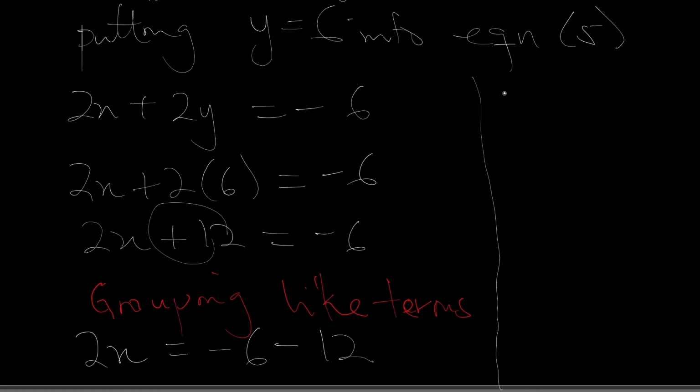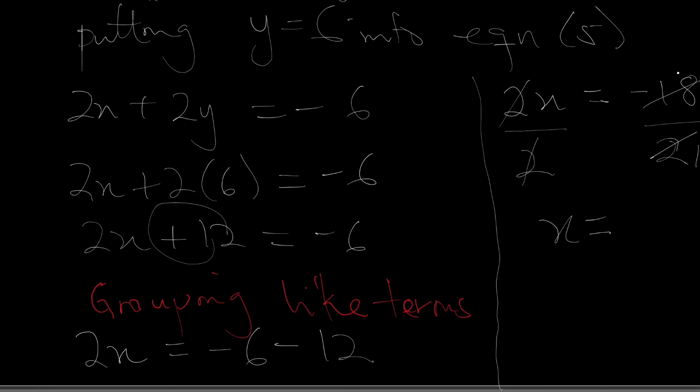So now we have 2x is equal to negative 18. To find x, we divide both sides by 2. This cancels this, and we have x is equal to, 2 goes into 18 9 times, so x is equal to negative 9.